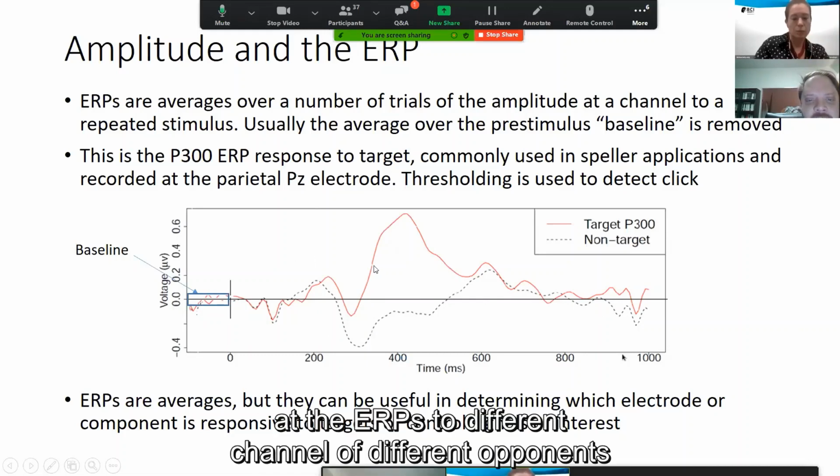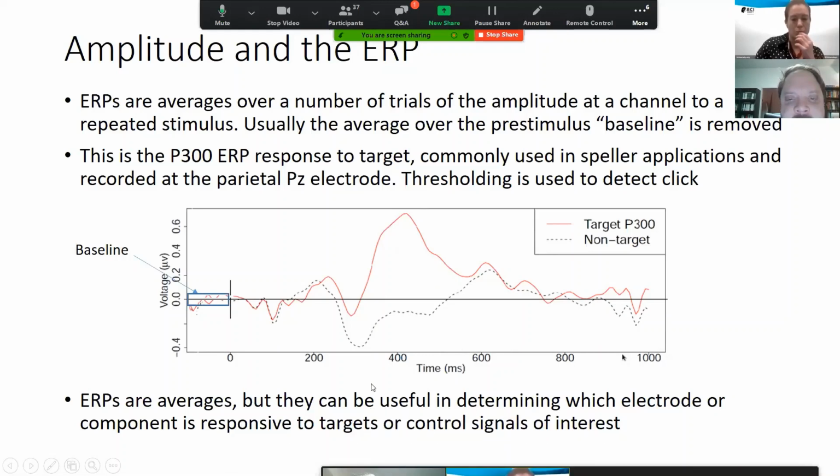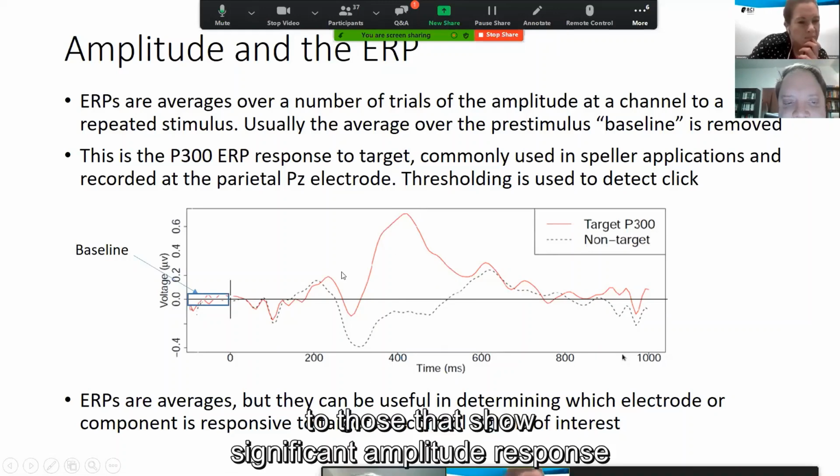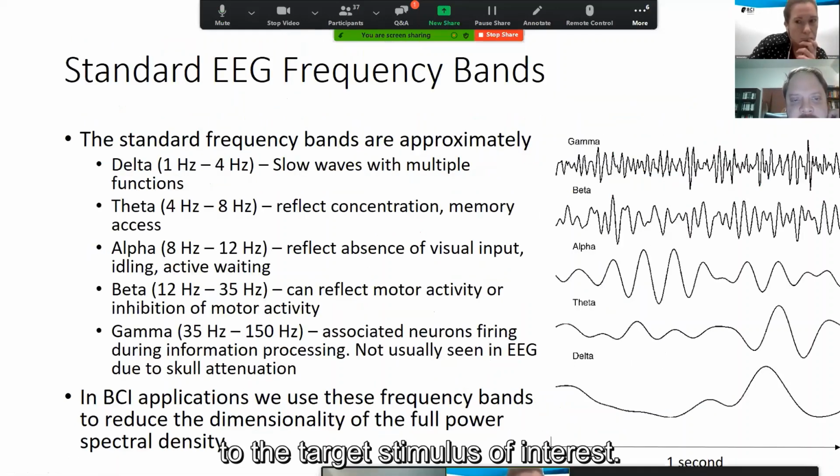So you can look at the ERPs to the different channels or different components and limit the channels or the components of interest to those that show significant amplitude response to the target stimulus of interest.